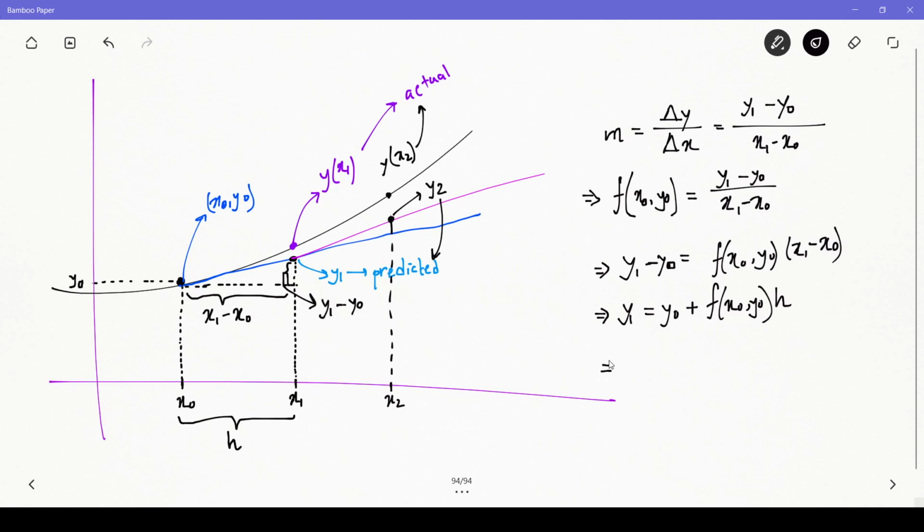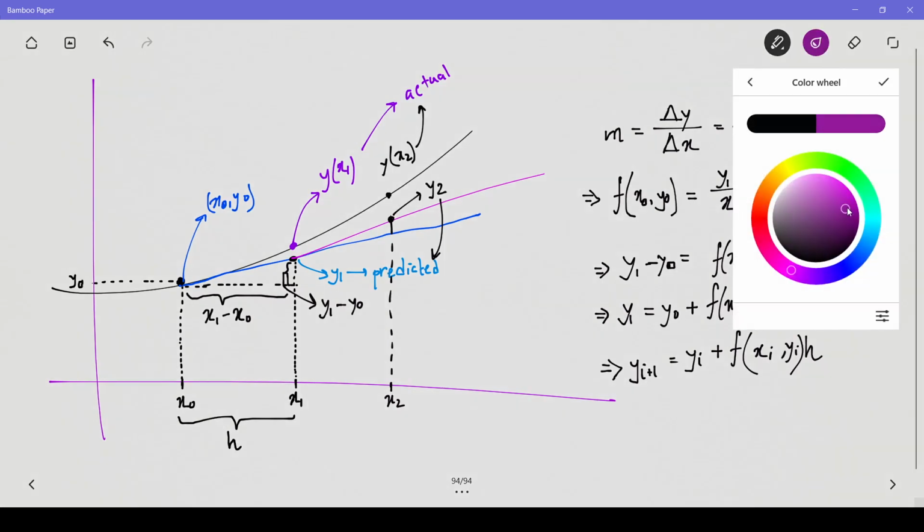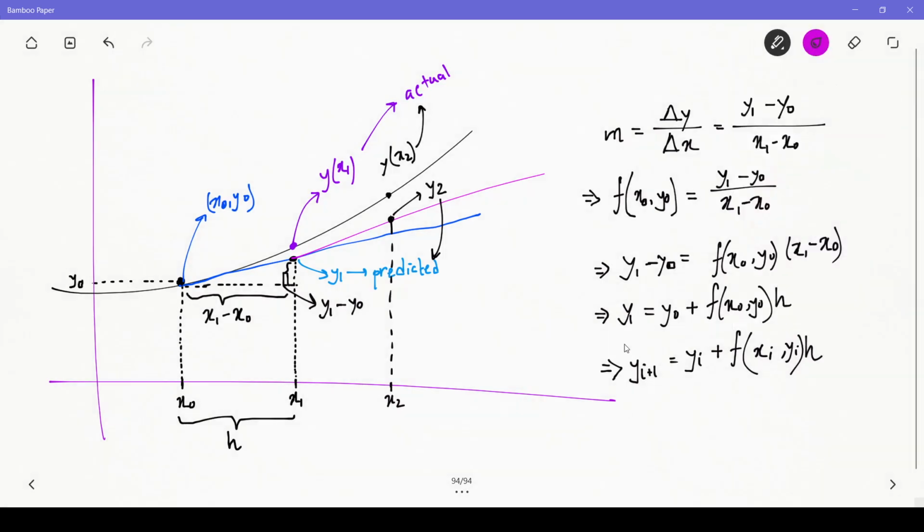In order to find the y value at the i plus 1 step, y sub i plus 1, we take the value of y at the ith step plus the functional value of the bivariate function of the slope at the ith step. So we call it f of xi comma yi, right? Times h. So this thing over here is the iterative formula for Euler's method.